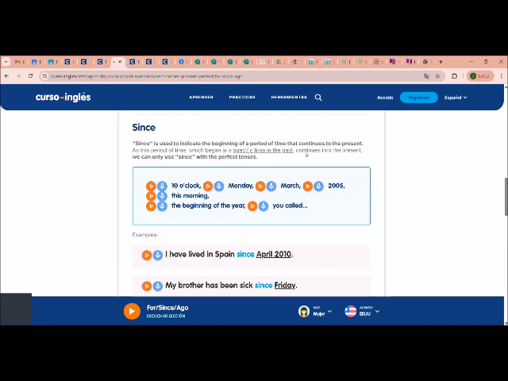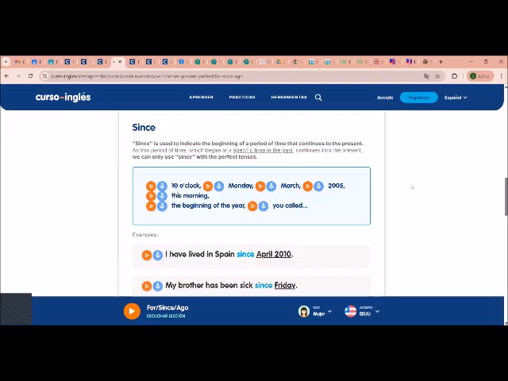Since is used to indicate the beginning of a period of time that continues to the present, as this period of time, which began at a specific time in the past, continues into the present, we can only use since with the perfect tense. Good.